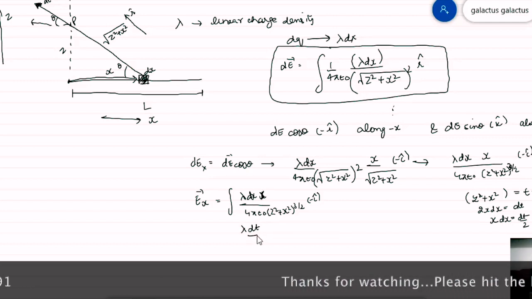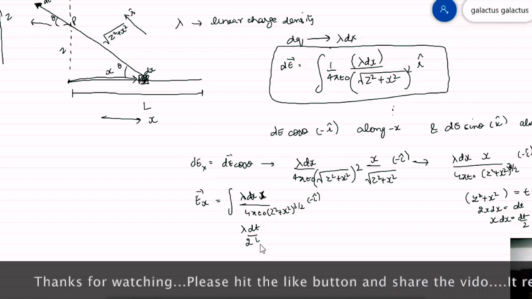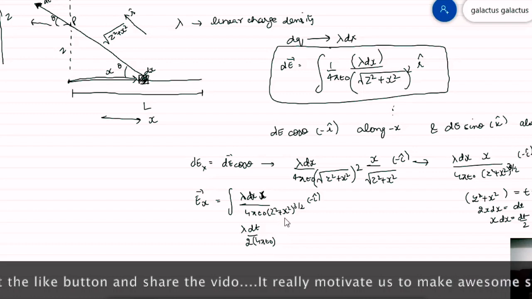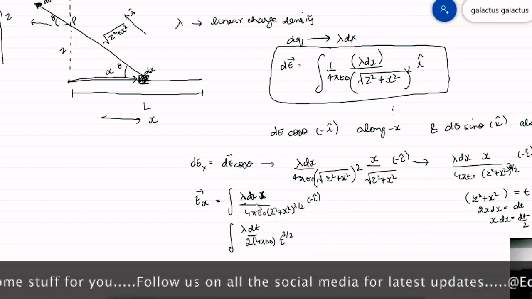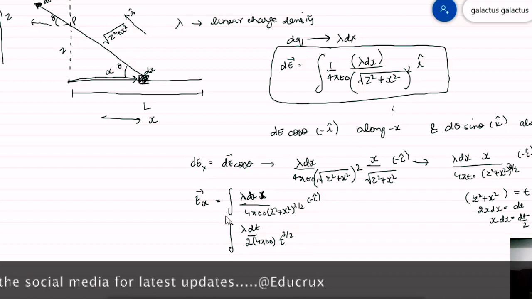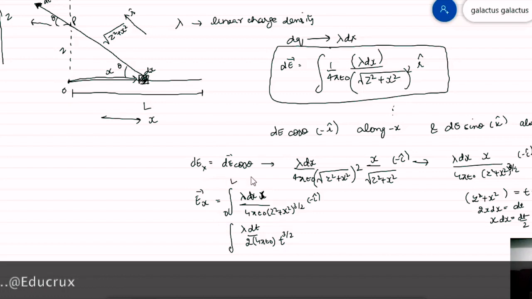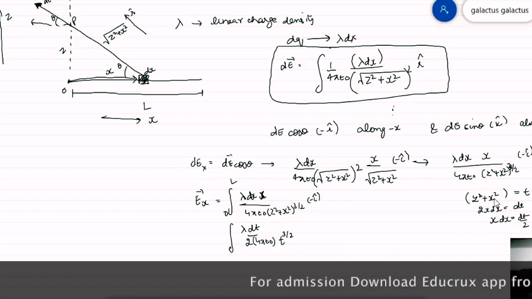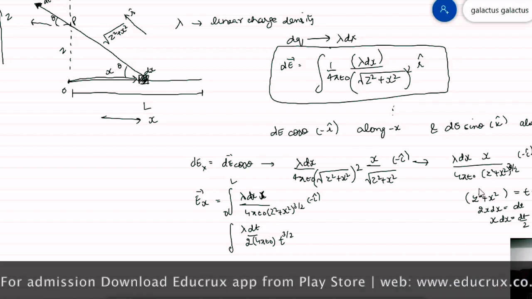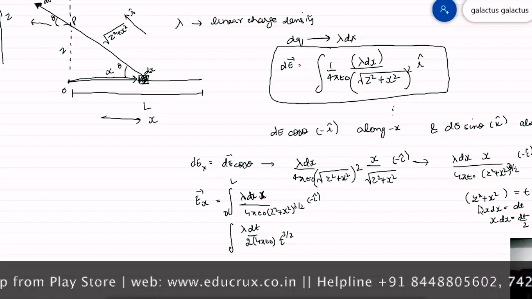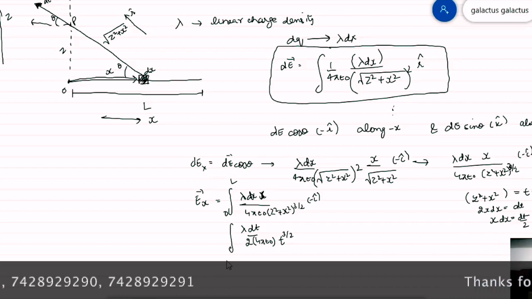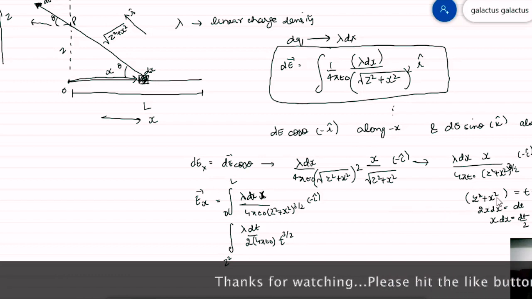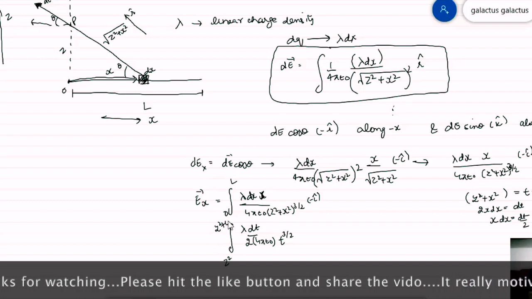So I'll have dt by 2, and over here we have 4 pi epsilon naught, and in place of z square plus x square I can write t to the power 3 by 2, and my integration variable x goes from 0 to L. Okay, so if I change my limits over here, if my x is equal to 0, then my t is equal to z square, and if my x square is equal to L square, then t will be equal to z square plus L square.